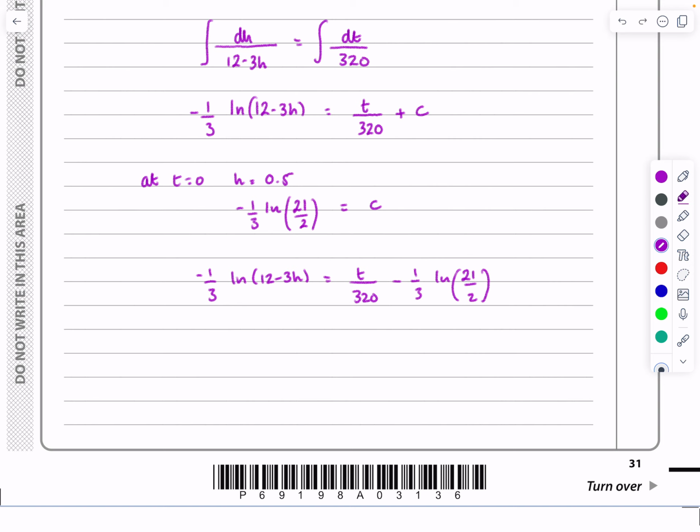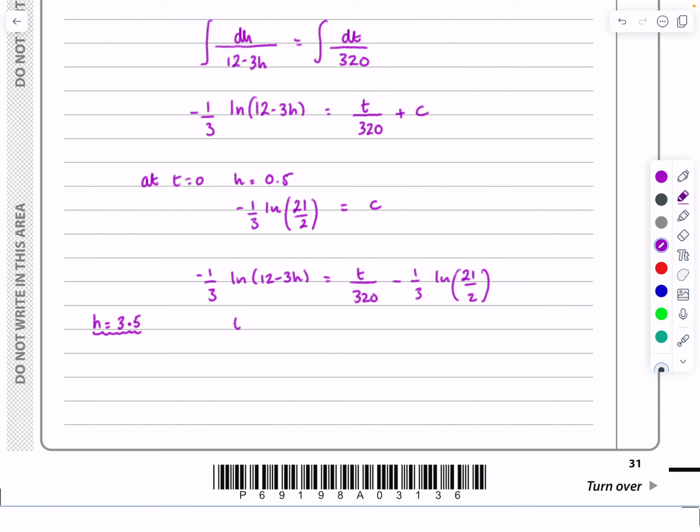And then if we go back and look at the question, it said that h is going to be equal to 3.5. Can we work out what t is going to be? So if I'm trying to work out what t is, if I put h equal to 3.5 in, let's just take everything over to one side.